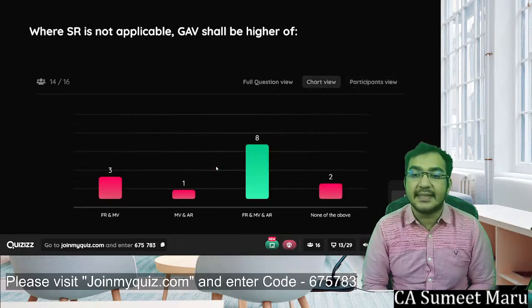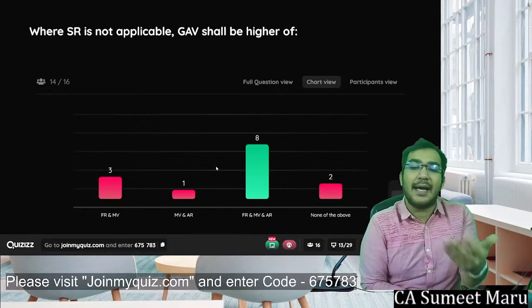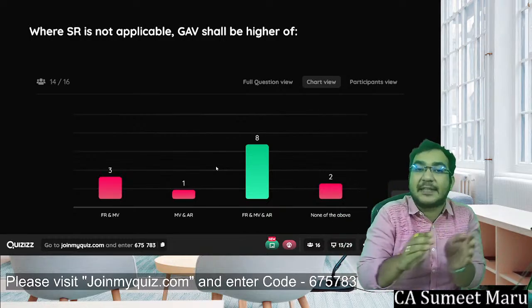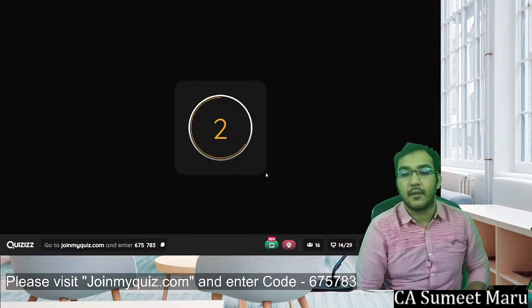The right answer is municipal value or fair rent, whichever is higher, and then obviously it is going to be compared with AR as well, because here they have asked you the final GAV, not only expected rent. So option C is the most appropriate answer.